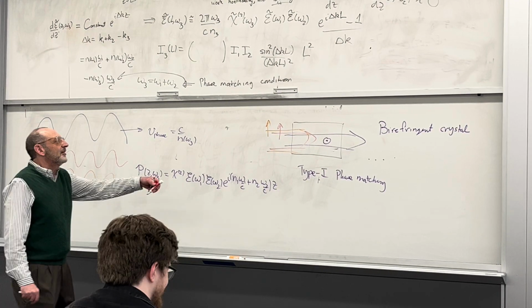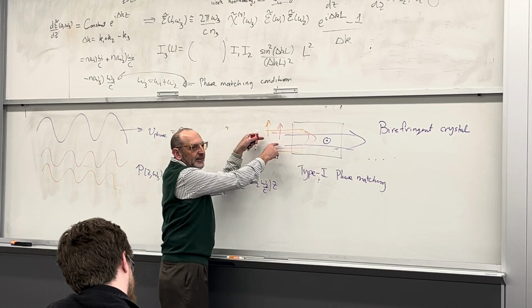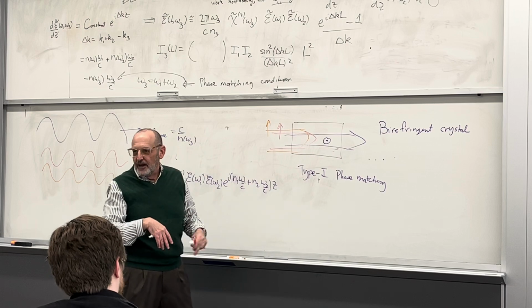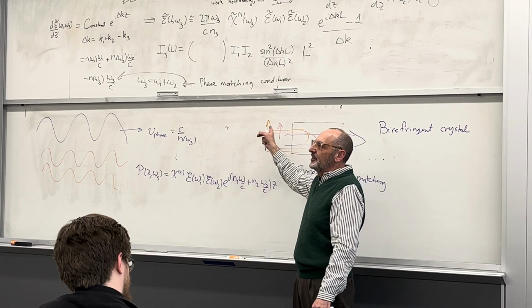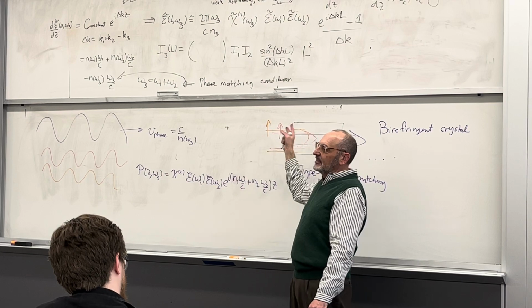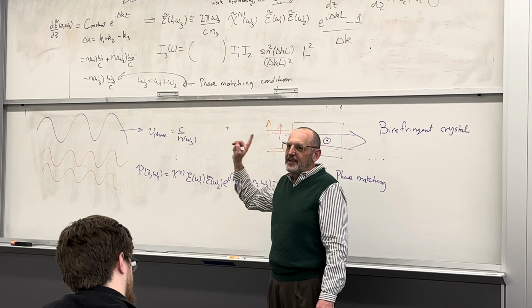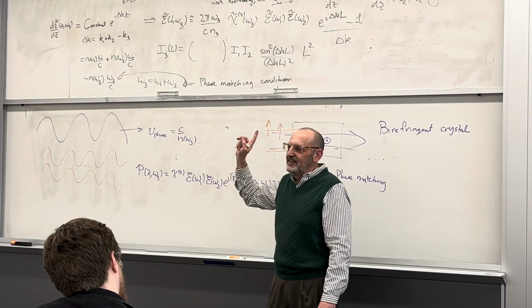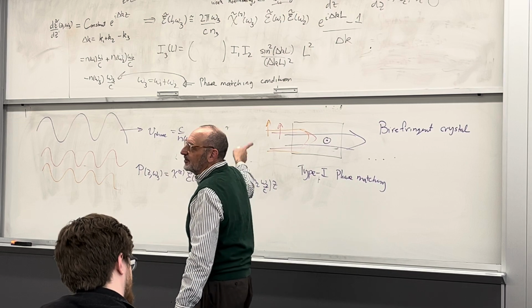And I could have a type 2 where I choose these guys to be in different directions. Anyway, that's neither here nor there, but it will be important for us when we start talking about the generation of squeezed light and entangled pairs to understand something about the polarization entanglement that we will see. So it's not just a bunch of details.